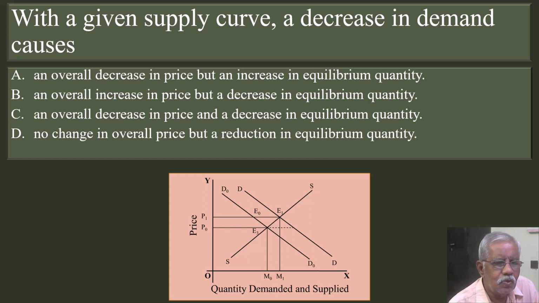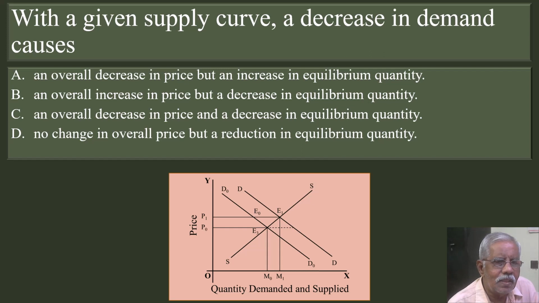What happens to price and quantity? A new equilibrium is established at E3. The new equilibrium price is P0. The new equilibrium quantity is M0. The net result is a decrease in price and decrease in quantity.